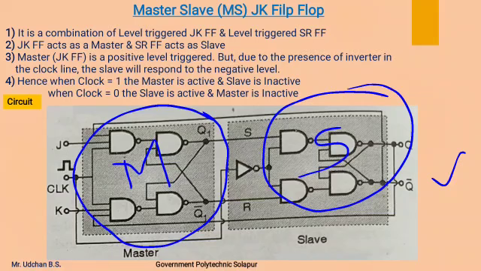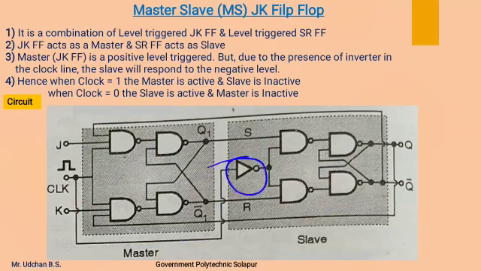The master JK flip-flop and the slave SR flip-flop have a common clock input, but the master JK flip-flop is positive level triggered, and due to the presence of the inverter in the clock line, the slave will respond to the negative level of the clock pulse.